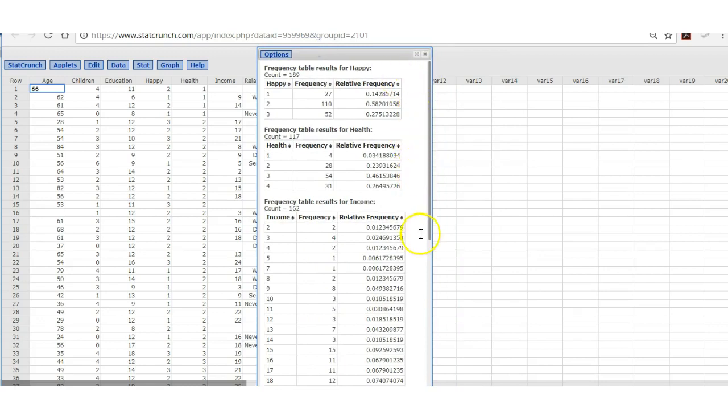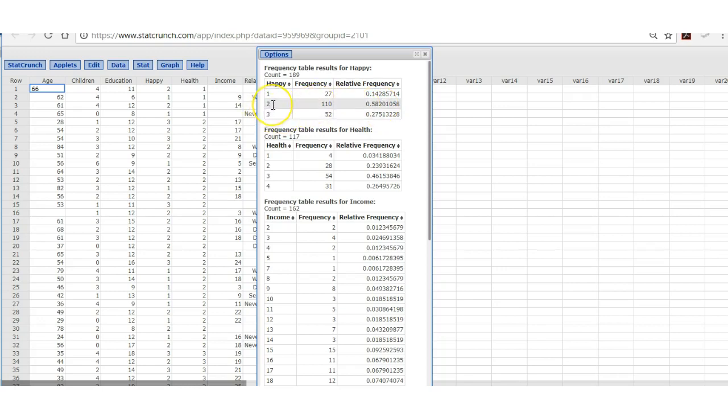So here are all of our different frequency tables that it just created for us. So here's one for happy. We had the 3 different possible answers. These are the frequencies that give the numbers of respondents that answered each of the 3 different choices. And here we have the relative frequencies. If we wanted to look at percentages, we could take our relative frequencies and multiply by 100 so that it moves the decimal point over 2 places.